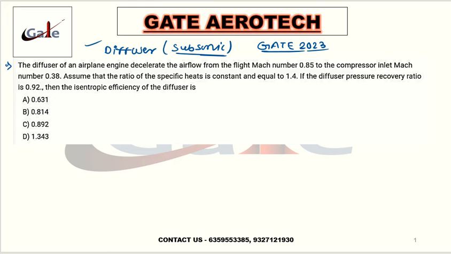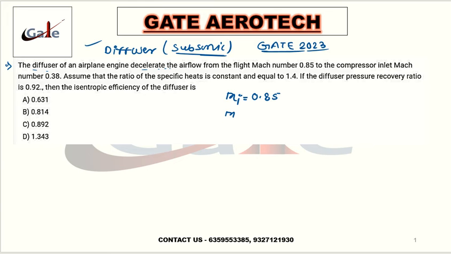The diffuser of an airplane engine decelerates the airflow from the flight Mach number 0.85 to the compressor inlet Mach number 0.38. So your inlet Mach number, I am writing it as M1, was 0.85, and what did the diffuser do?